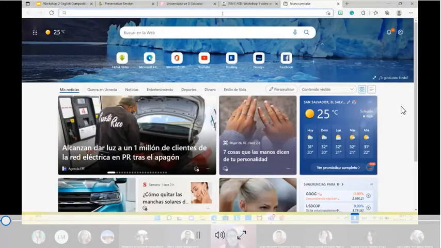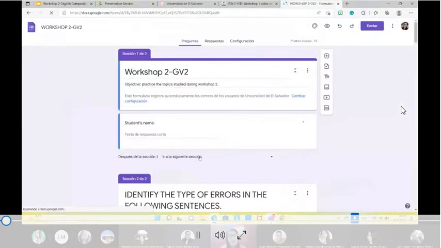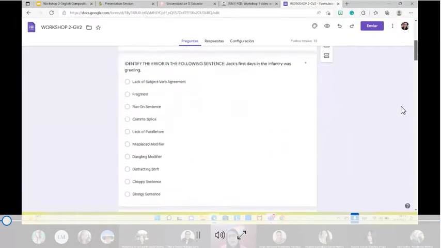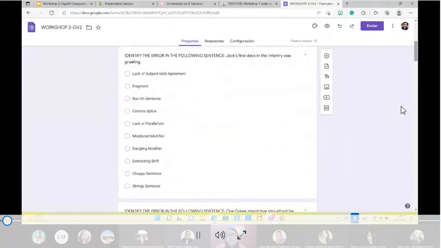I will also open this here, and I have them right here. So I'm going to start seeing your answers, and this is what I have. You must identify the error in the sentences. You have to identify if it is a lack of subject-verb agreement, a fragment, a run-on sentence, a comma splice, a lack of parallelism, a misplaced modifier, a dangling modifier, a distracting shift, a choppy sentence, or a stringy sentence.